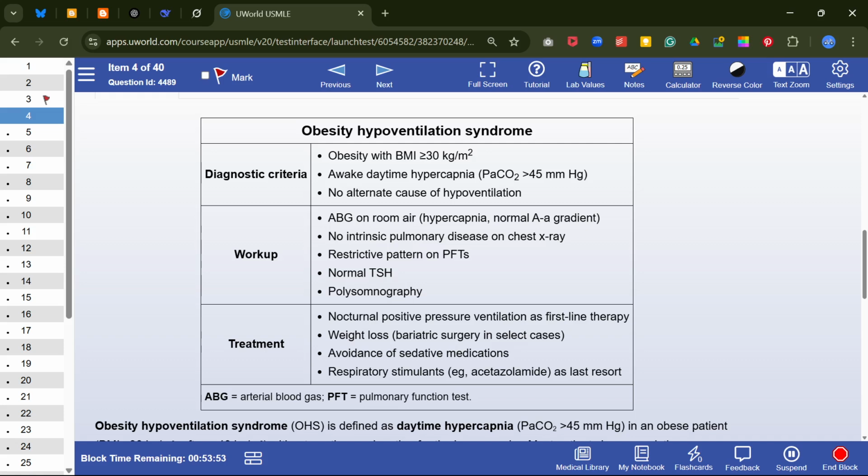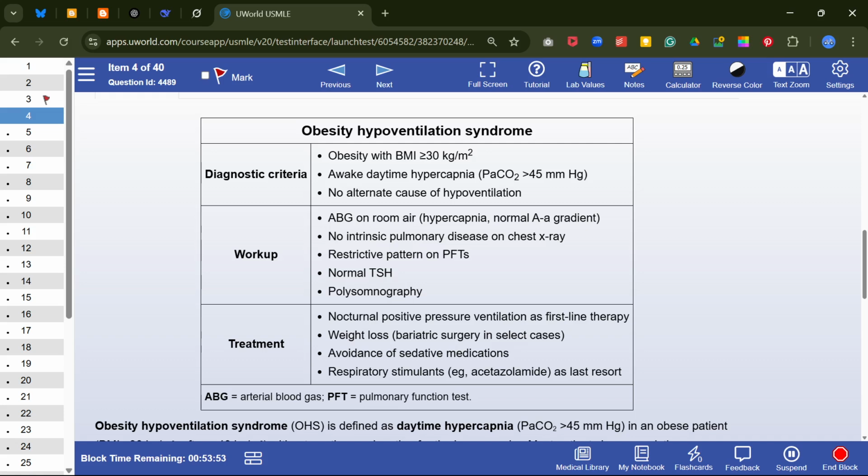This is not the formula we have found. Just go below A gradient age, like what I have told you, write that. Then we may find it. Look at this normal A gradient: age in years divided by 4 plus 4. That I am talking about.